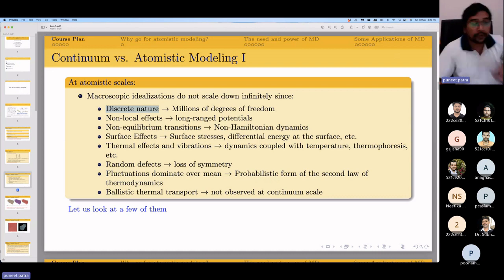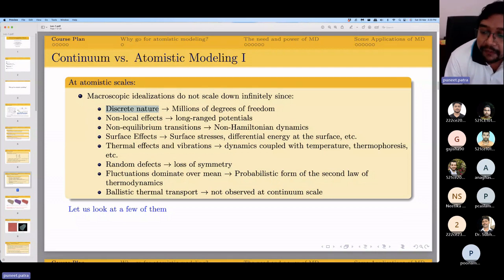Because of this, at atomic scales, we have to deal with millions of degrees of freedom. For example, if I assume that an atom is basically a point mass, then every atom will have 3 degrees of freedom, X, Y, and Z, and multiply that with the number of atoms within the system that you are studying.